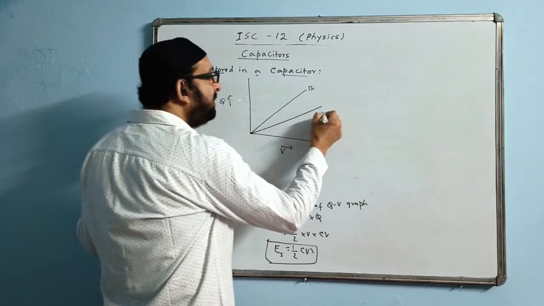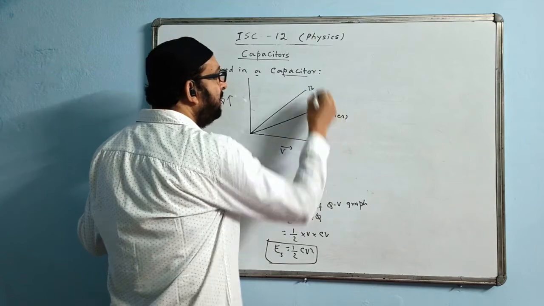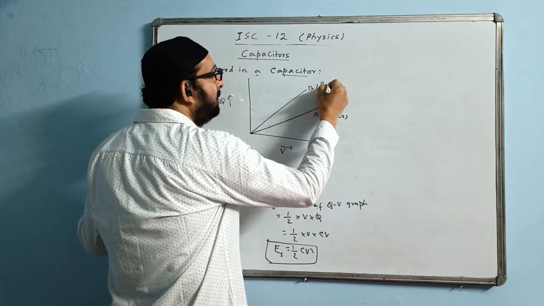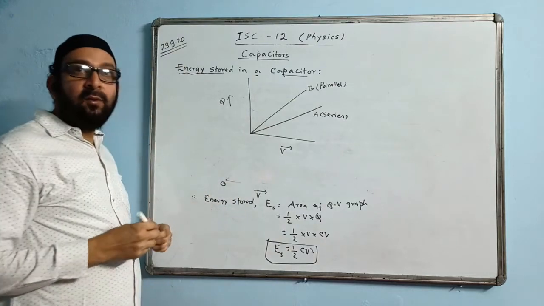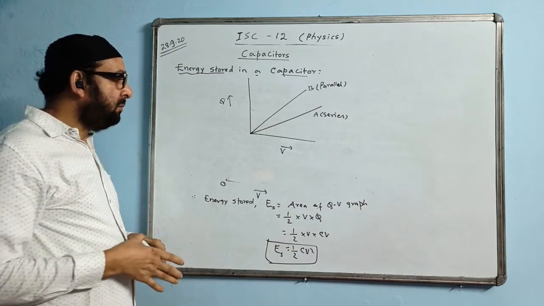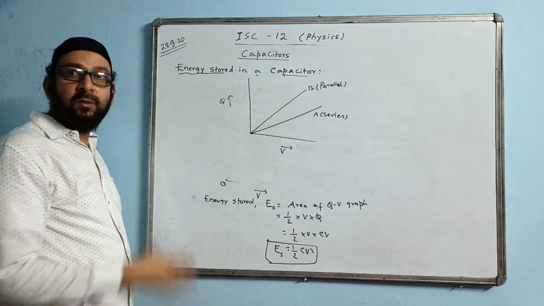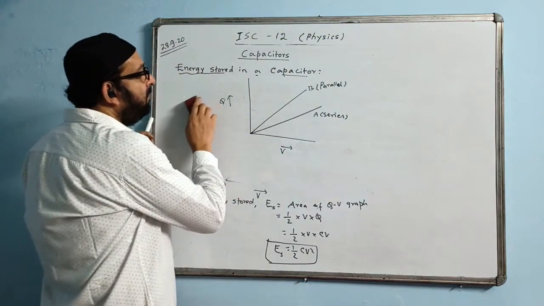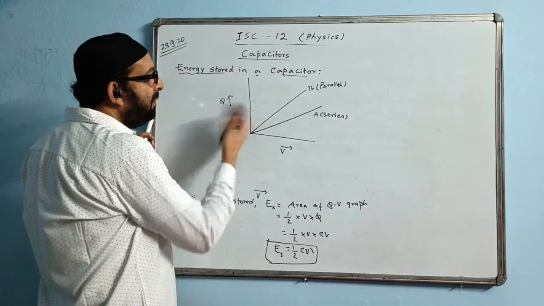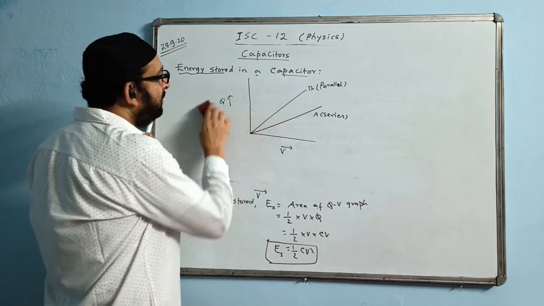That means A will be the series combination of capacitors and B will represent the parallel combination. So this question also you may expect for 1 mark. That may come in the compulsory question, I mean, first 5 questions are MCQ, and then after that 7 questions come, and it will be like this.